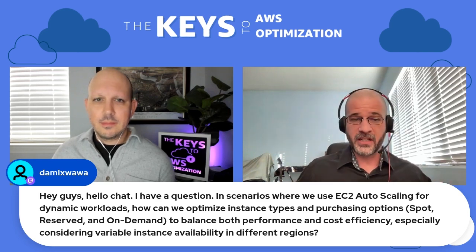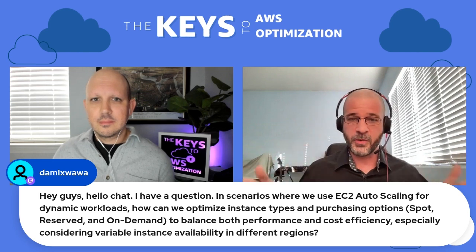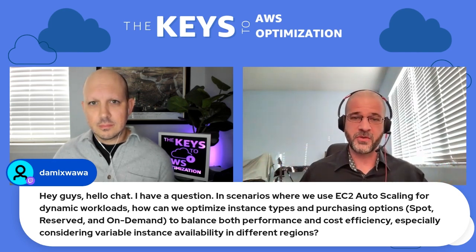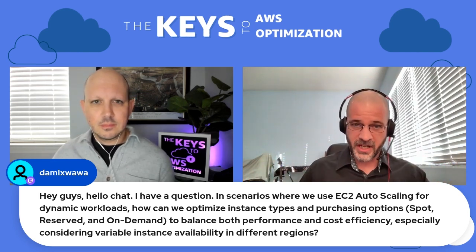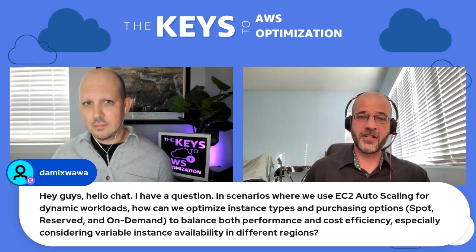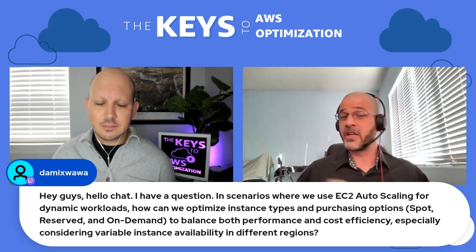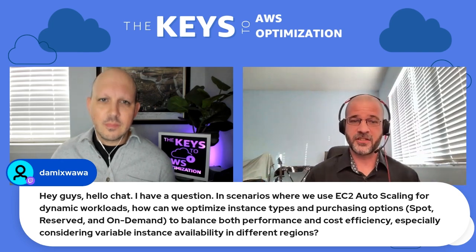So that's how you balance: you diversify as much as possible. You open up your workload to as many pools as you can. Don't think about right sizing for Spot, and then let that allocation strategy find the optimal price and capacity instances for the workload in real time. That's the thing. It's doing that in real time.